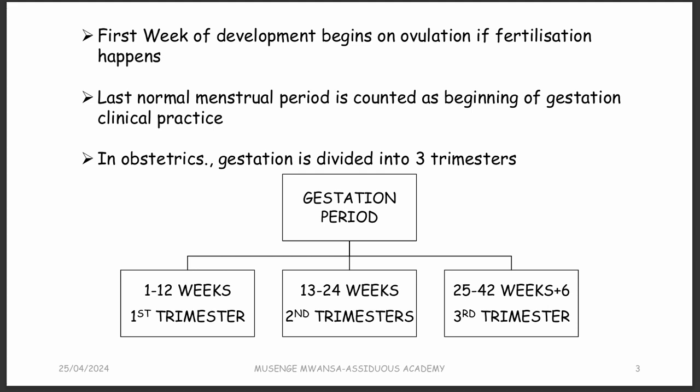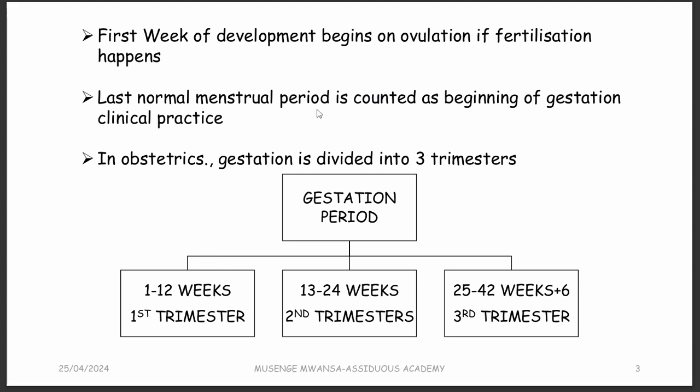The first day is the day when the woman has blood. 14 days from that day will be the day of ovulation when the egg is released. If that egg is fertilized, the child is going to start forming. So the first day is counted as the day that the woman released the egg. This is the day that you start counting from, even to predict when the child is more likely to be born.